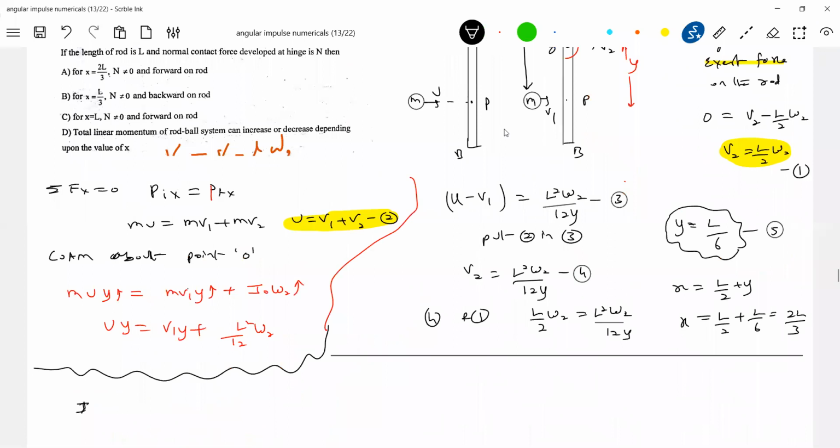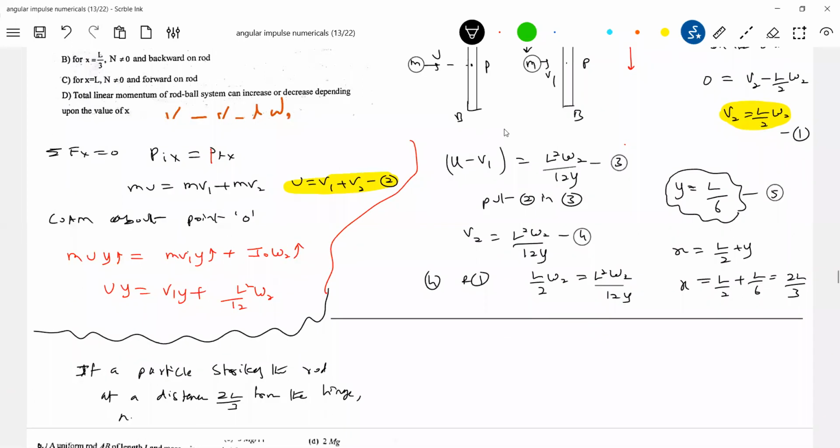If a particle strikes the rod at a distance 2L by 3 from the hinge, no reaction force will act at the hinge. That's the first case.